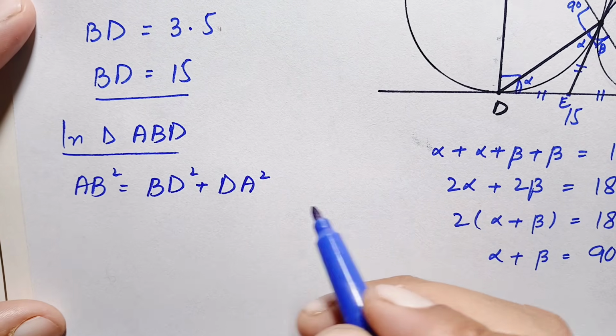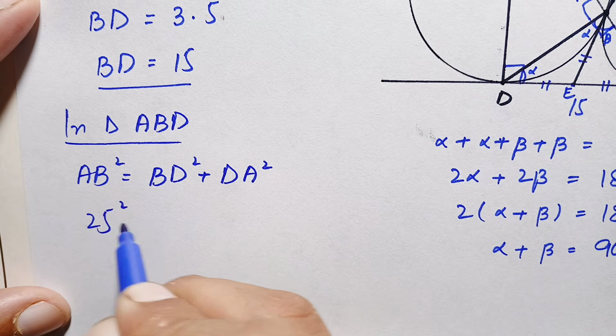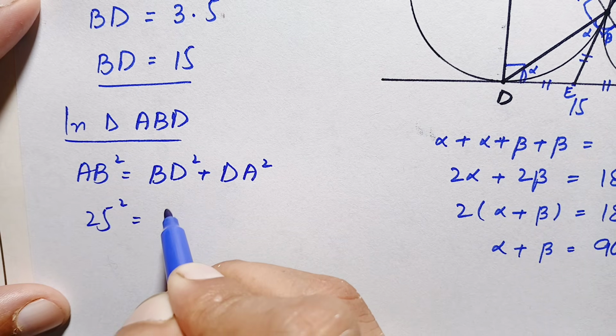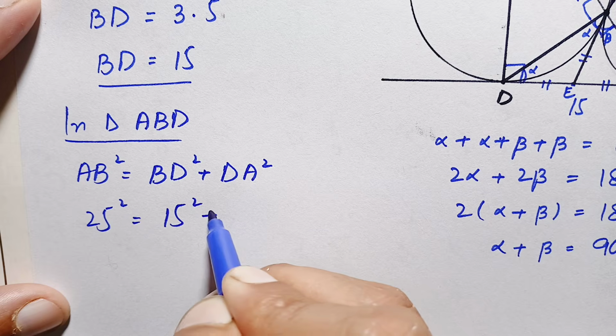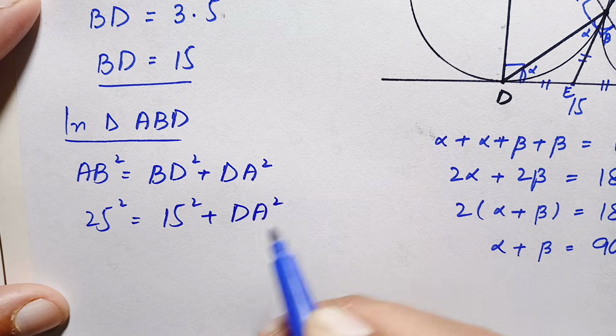Now to substitute the values from the figure, here hypotenuse is 25, so it becomes 25 square. BD is the base, which is 15, so it becomes 15 square, plus DA is the perpendicular, which is not given, which is our target to find.